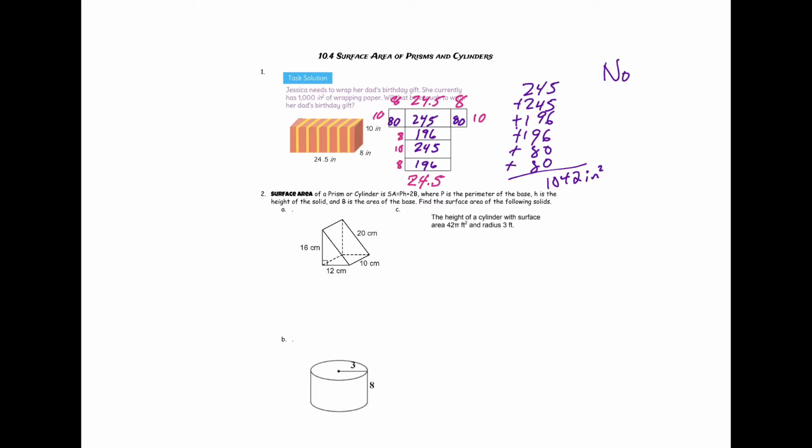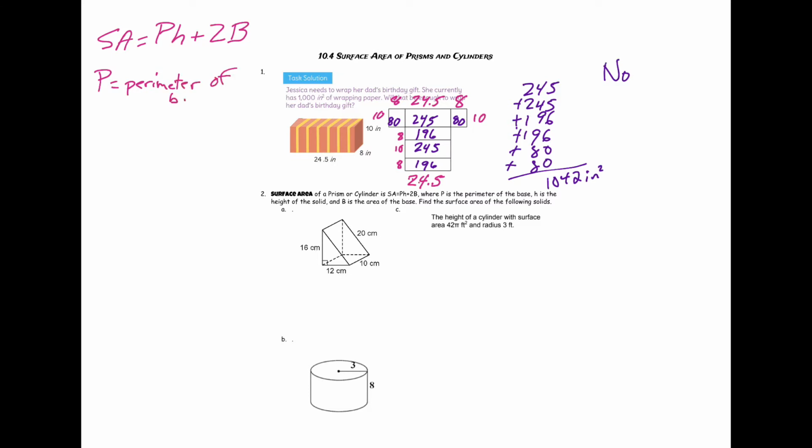But we also have another way of doing it that makes it just a little bit easier instead of drawing a net every time and then doing the problem. So I'm going to write the formula up here. So surface area equals pH plus 2B, where p equals the perimeter of the base. So notice it's capitalized to know that we're talking about the base.